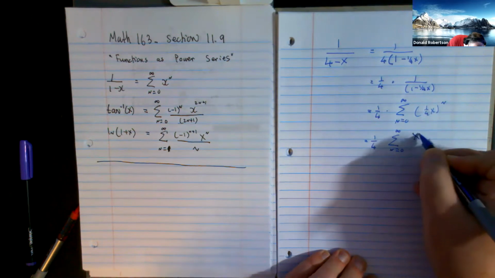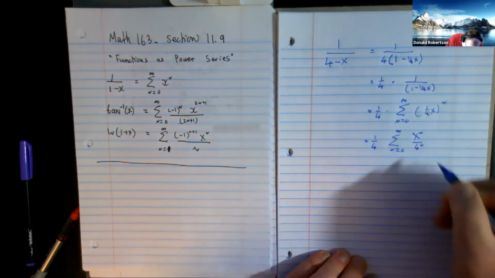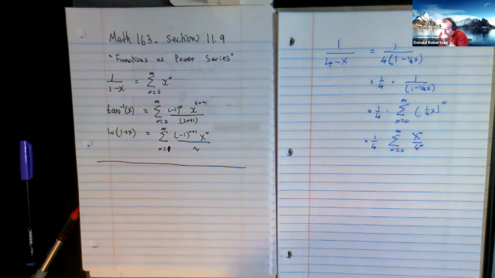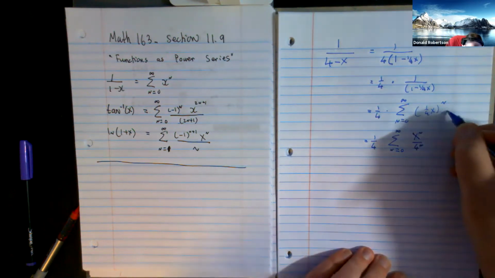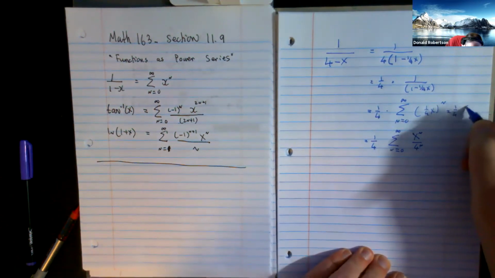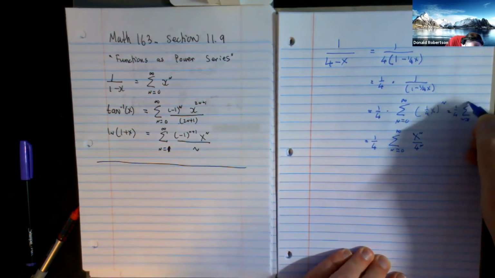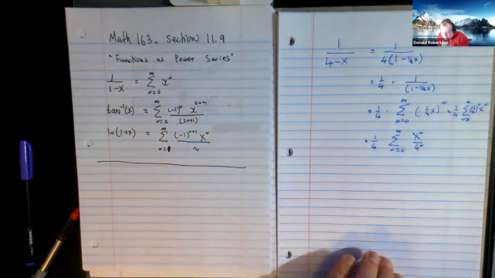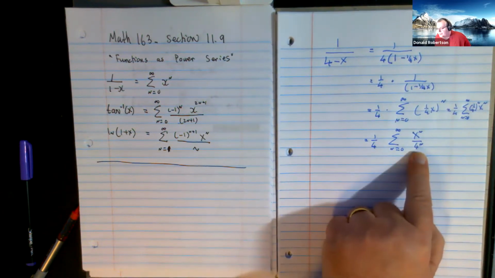Can I go straight to there and you understand what just happened? Technically, I guess it's 1/4 to the power of n times x to the n. I guess I could write it over here. Yeah, technically it's that, but that's much prettier.